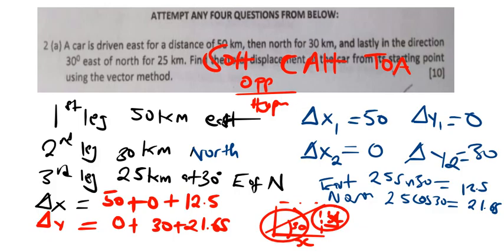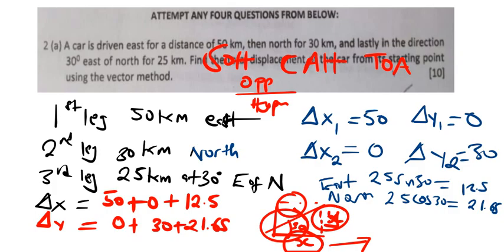What about cos 30? If you're finding the cos, it will be the adjacent over the hypotenuse. Where is the adjacent? You're able to see that the adjacent is here, over the hypotenuse. That's why for the x component, we're going to have 25 cos 30.